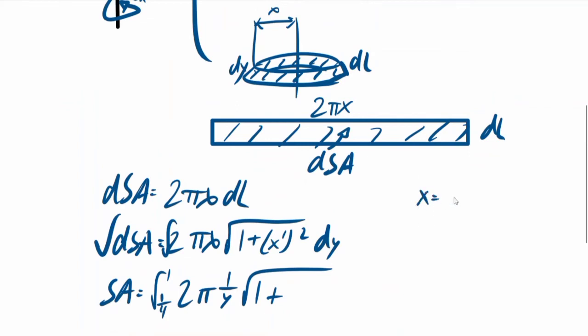Our x is 1 over y, right? So to get the derivative of x, we'll have x prime equals negative 1 over y squared, right?